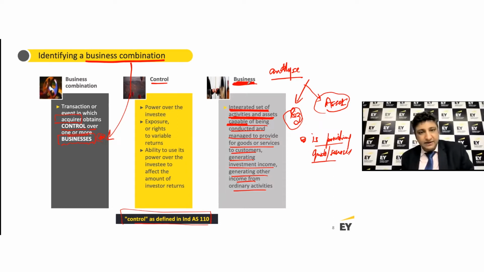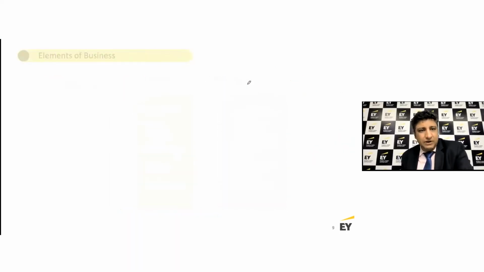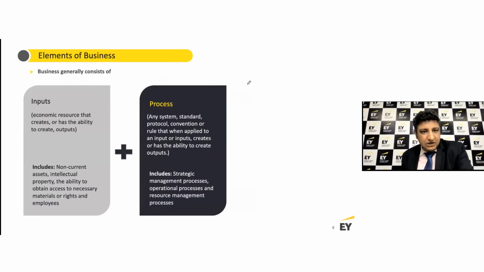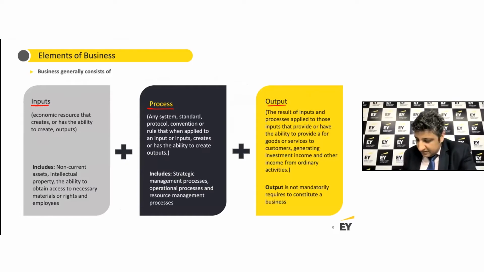That is the entire conversation that we are trying to build at this point. So what is a business all about? We say a business would comprise, importantly, inputs, process, and output.